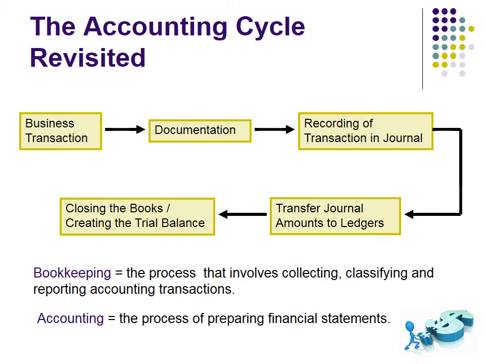Once you get your recording of your business transactions down, to the end of that trial balance and all of your accounts balance, at that point, the role of the bookkeeper has finished. Right? The role of accounting is to take that information and prepare the formal financial statements.